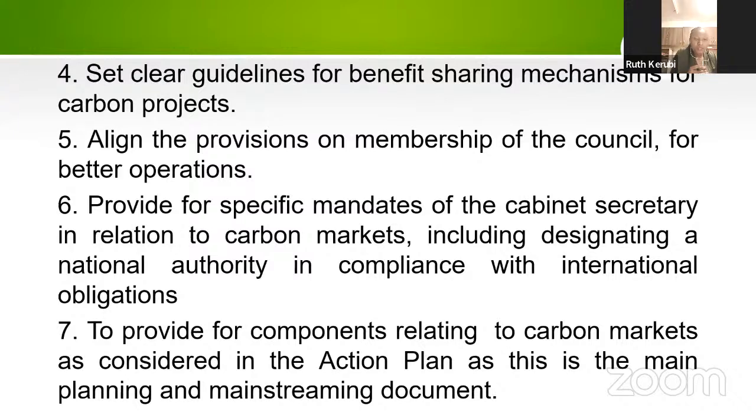We can go back to the sections of the Climate Change Amendment Act: to set out clear guidelines for benefit sharing, mechanisms for carbon projects, align the provisions on membership of the council, which was a big litigious issue, for better operations of the council, provide for specific mandates of the cabinet and a national authority in compliance with international obligations, and to provide for components relating to carbon market and documentation.